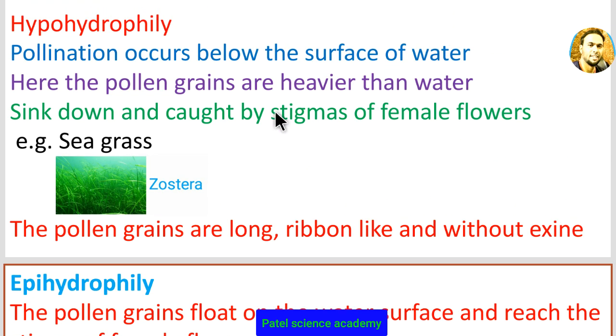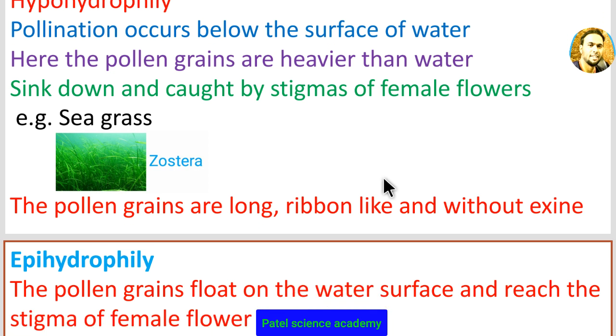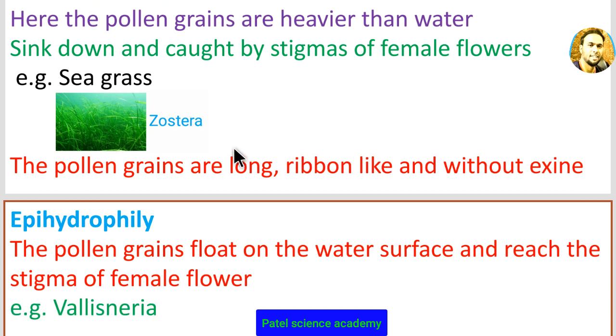So that's why this type of flower follows the process of hypohydrophily, in which pollination takes place below the water surface, because the pollen grains are heavier than water, sink down and are caught by the stigma. Example is Zostera.